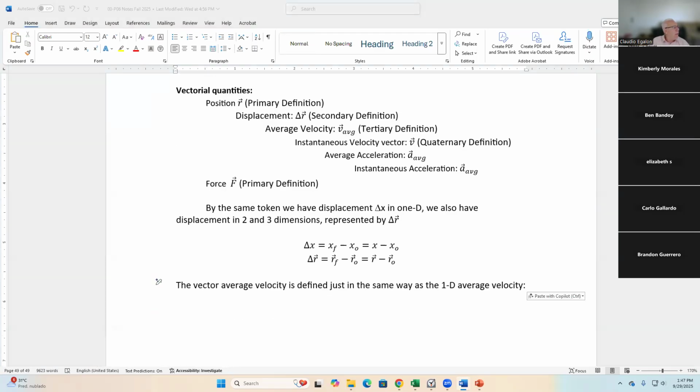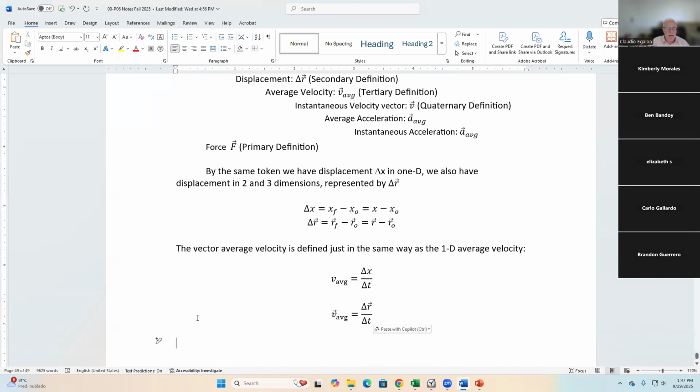If the average velocity in 1-dimensional space is delta x over delta t, the average velocity vector is delta r over delta t. The average velocity vector is parallel to the displacement vector.